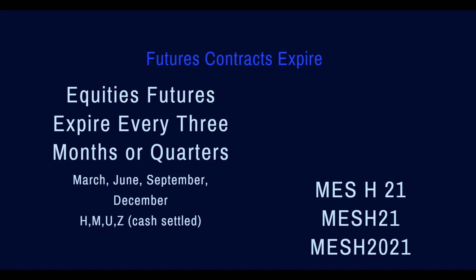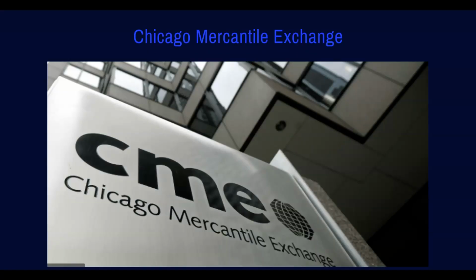Don't let this stress you out if you're new. This is nothing. And again, most trading platforms help you come up with it as you're typing it. MES H2021, some platforms want you to type the whole year. So there are little variances between broker platforms, but it's minuscule. And again, the platforms themselves help you come up with all that. They're not going to scare you off, trust me.